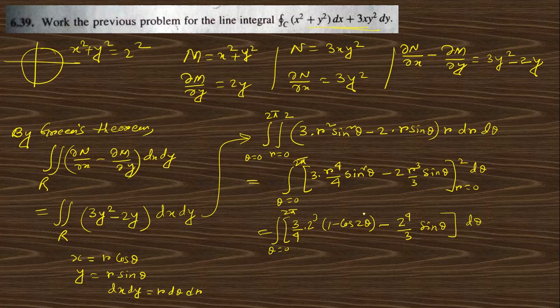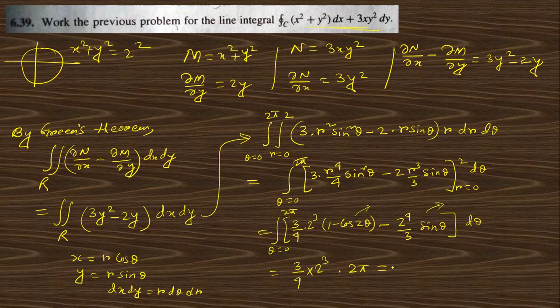You all know the integration over the limit 0 to 2 pi of cos 2 theta or sin theta is 0. So you can integrate individually, then you can see this part will be 0, this part will be 0, and only this part will be present, that is 3 by 4 times 2 cube, and with the theta integration being theta, that is 2 pi. So this becomes 2 to the power 4.